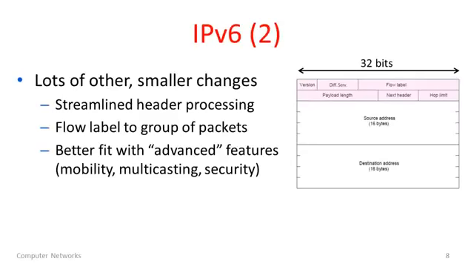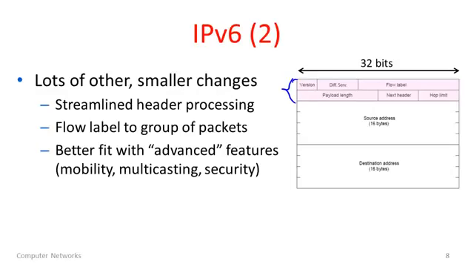What else is in the header? Well, there are lots of other smaller changes. I've shaded the other header fields. One feature of IPv6 is a more streamlined header processing. If you want to, you can compare it to IPv4 and you can read more about it in your text just to understand some of these details in more detail than I'm going to give you.